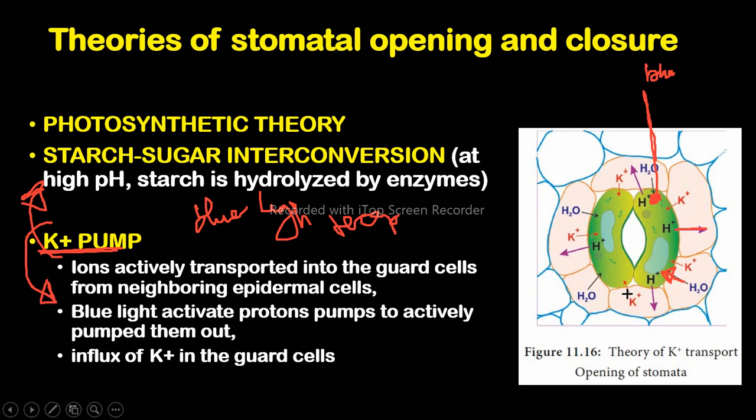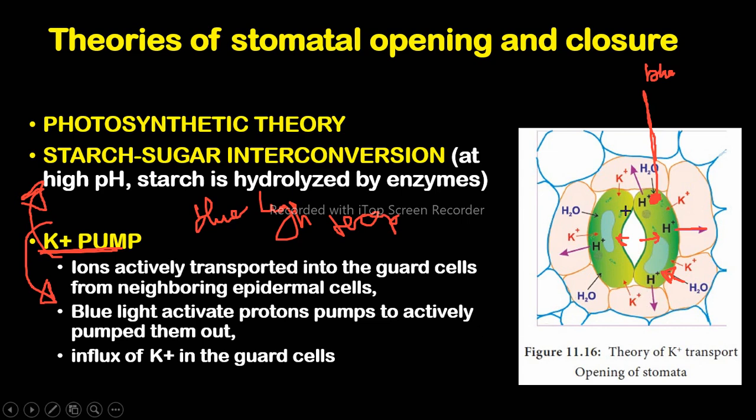So what does that imply? It implies that the inner walls will resist expansion, whereas the outer walls will expand, creating tension on the inner walls, hence the inner walls drawing apart, like you can see, hence opening the stoma.